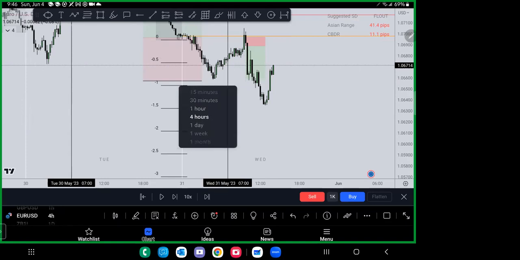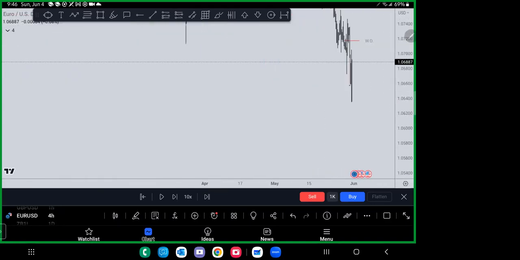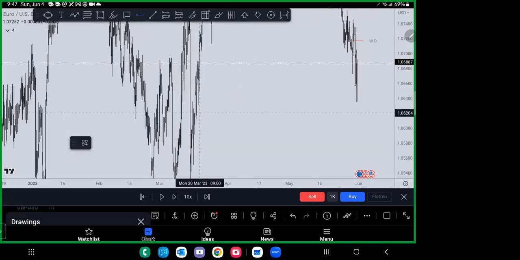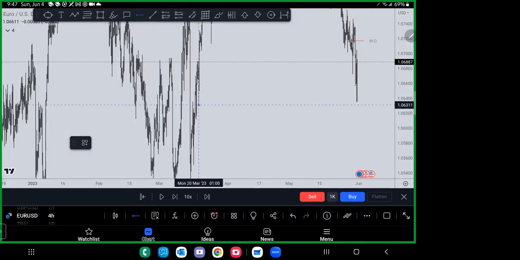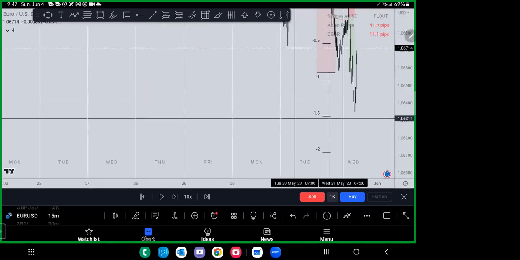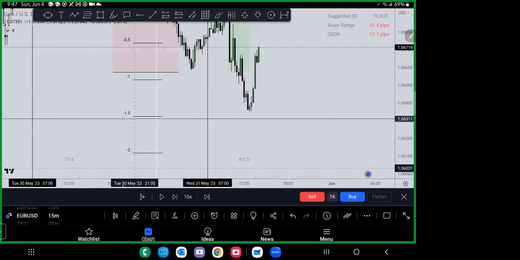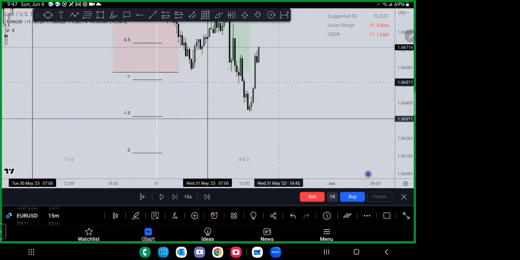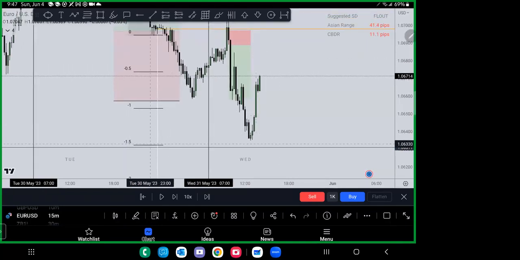Let's see how perfect it is. There we go. We are 1.4 pips. So then maybe you leave a piece on because you're attacking this alignment here with the standard deviation projection.